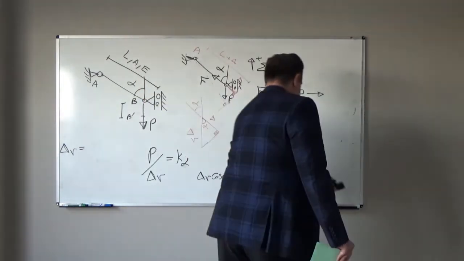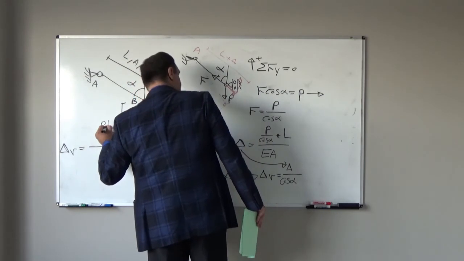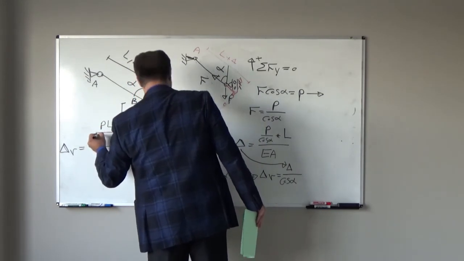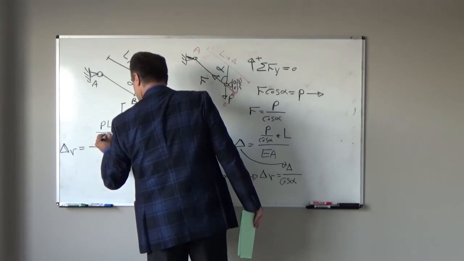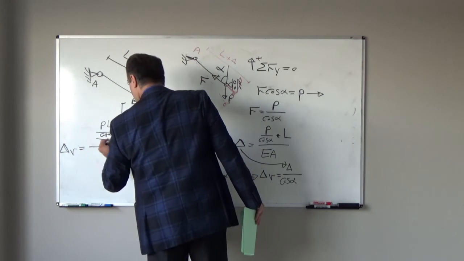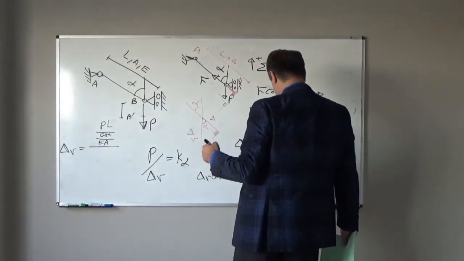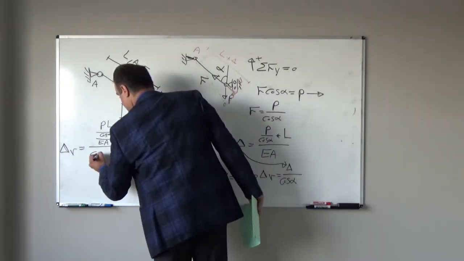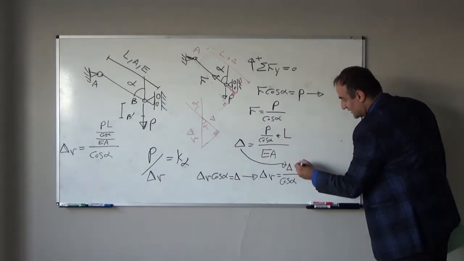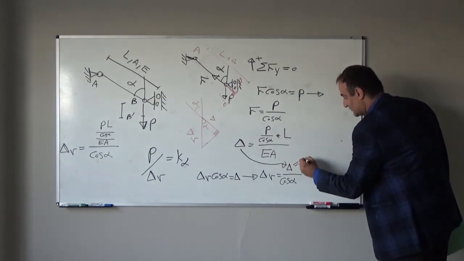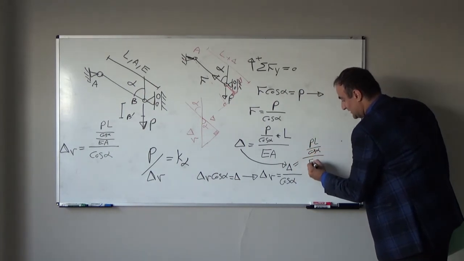I rewrite one more time. It will be PL over cosine alpha, over EA, over cosine alpha, will be delta V. What I did, instead of delta, I plug here: delta here is equal to PL over cosine alpha EA.